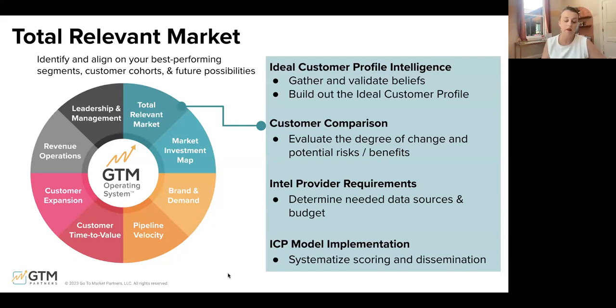And do we have the data sources that we need to legitimately find the people we know we need to find? And then finally, we know we can't spend all of the money we want in attracting all of the people inside of that audience. So how do we score who we're talking about? And then how do we focus our resources at those highly scored accounts and spend less time talking to those accounts that we know are not necessarily going to yield the results that we're looking for?